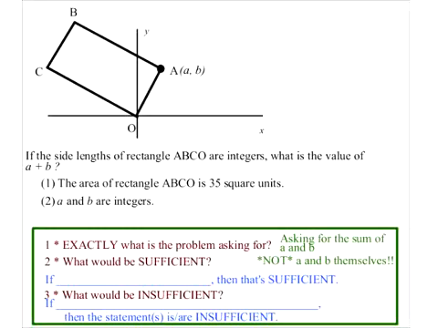All right, now what would be sufficient? Someone writing A parallel to B, I don't know what that means because A and B are numbers, so they can't really be parallel. What would be sufficient?